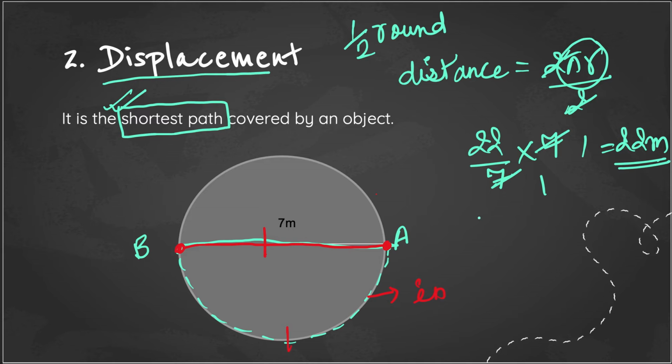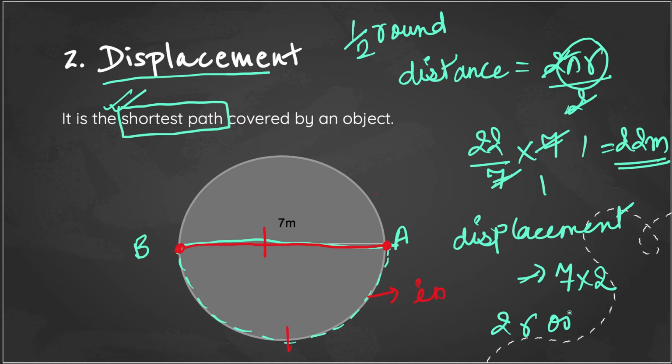This is the distance, and the displacement comes out to be 7 into 2, 2r, or diameter, because this is the displacement covered by the object.